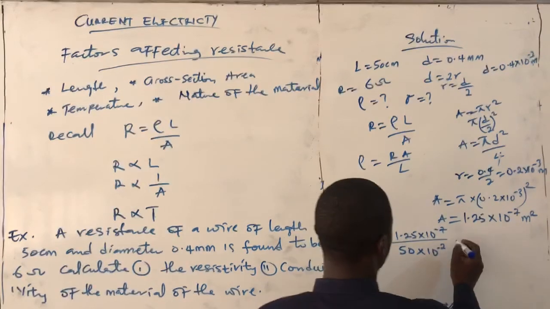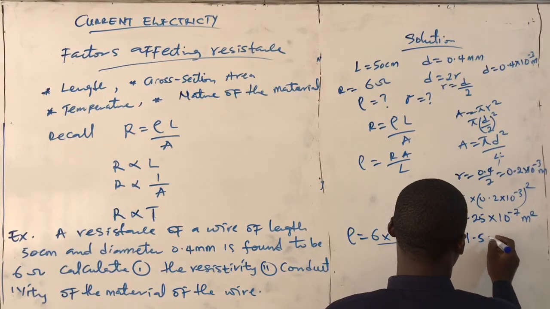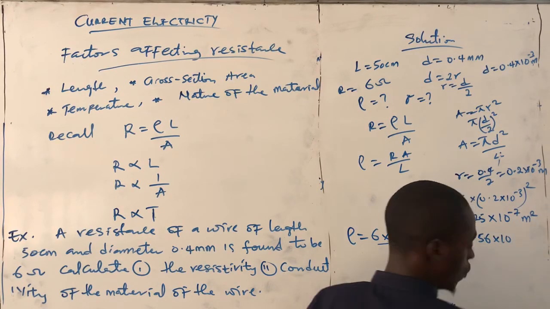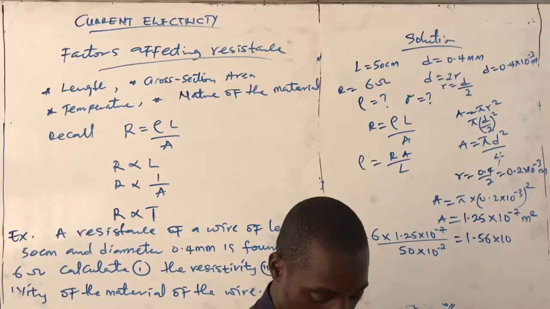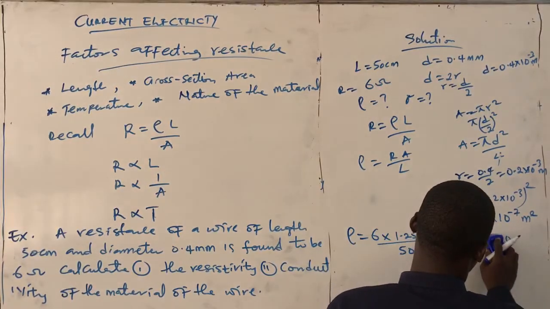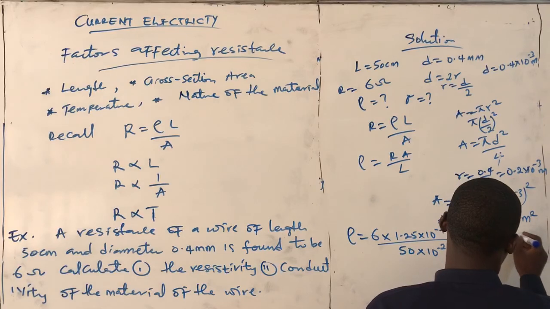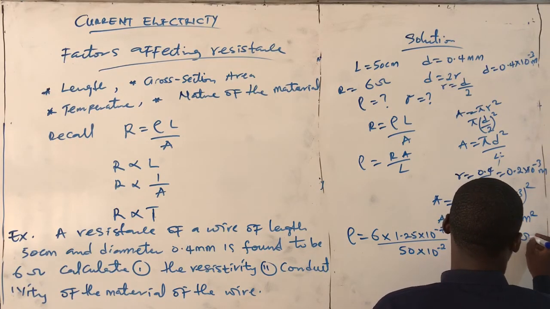If we press this correctly, we are going to have 1.5 times 10 raised to power minus 6 ohm meter.